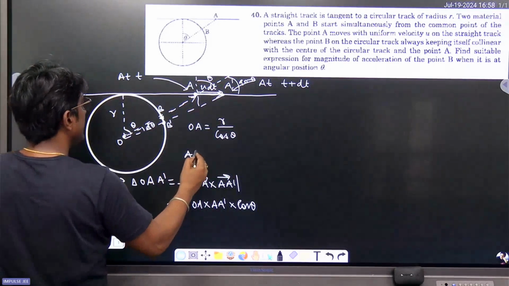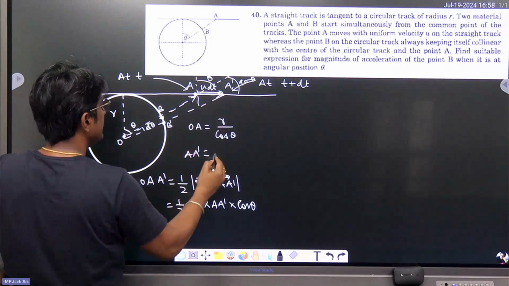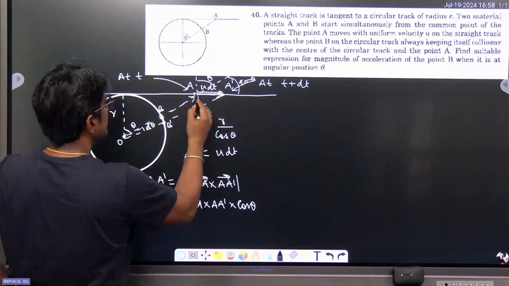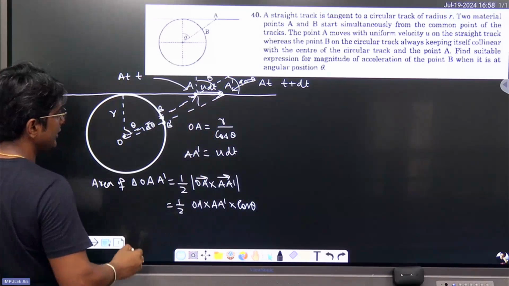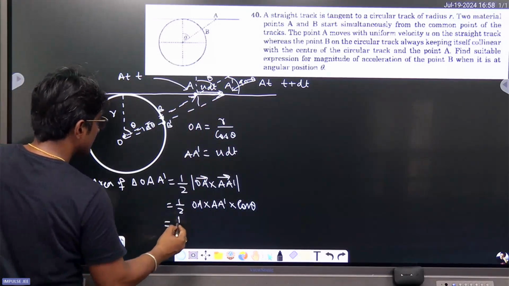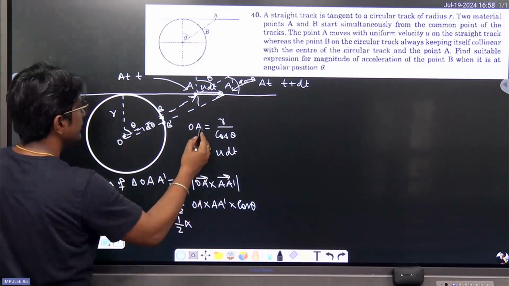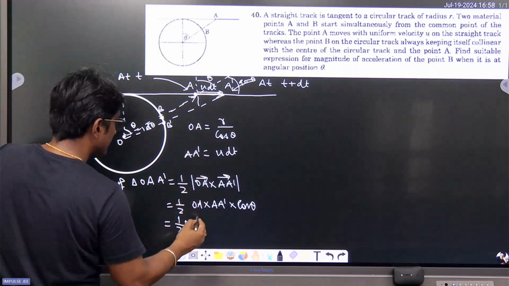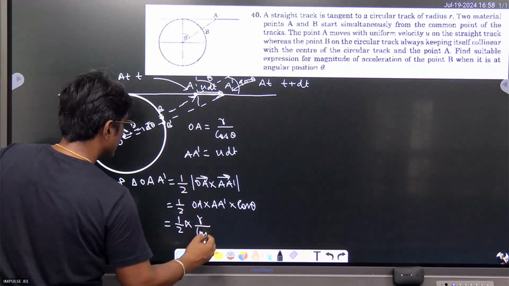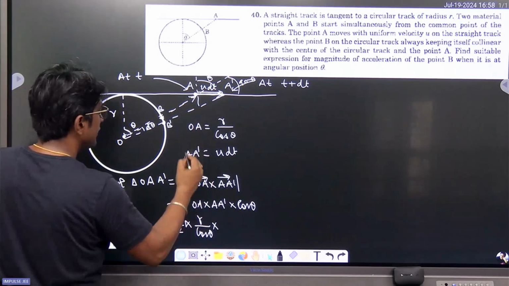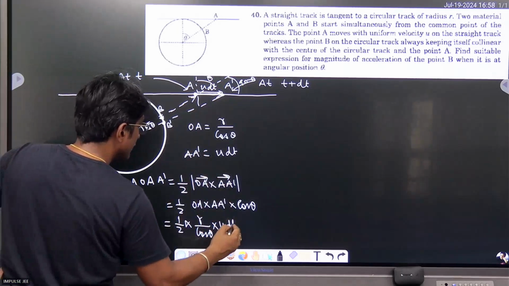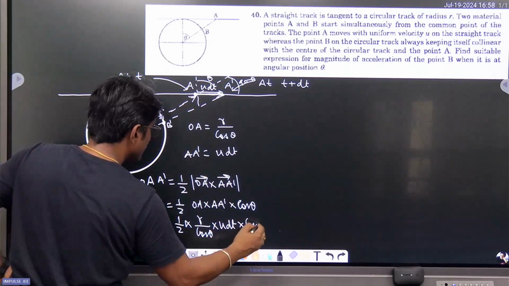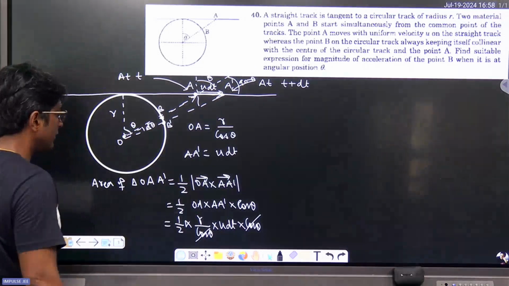And AA prime is nothing but the distance traveled by point A in this interval dt. So if we substitute the values here, we get R by cos theta times u dt times cos theta. So this gets cancelled out.